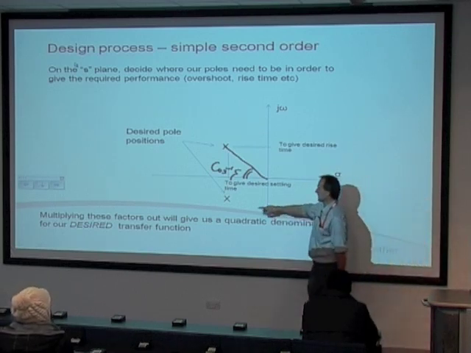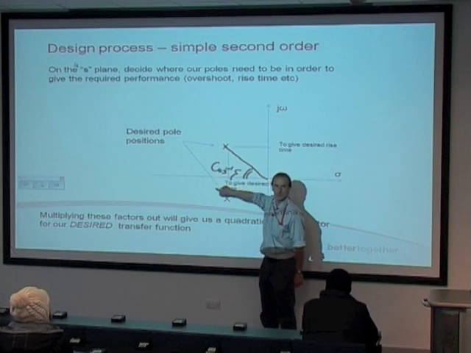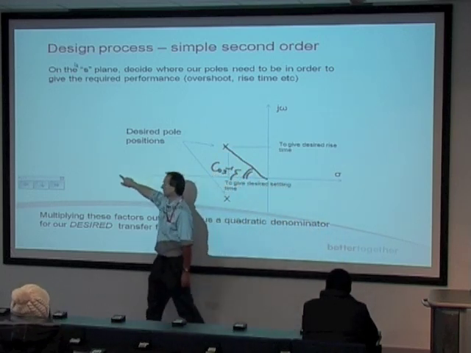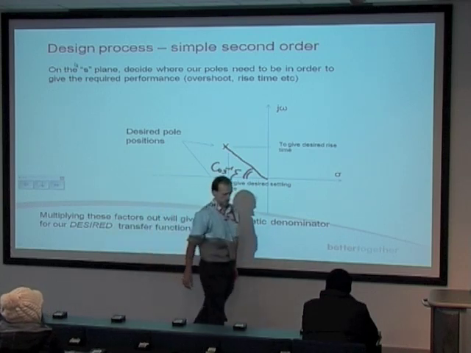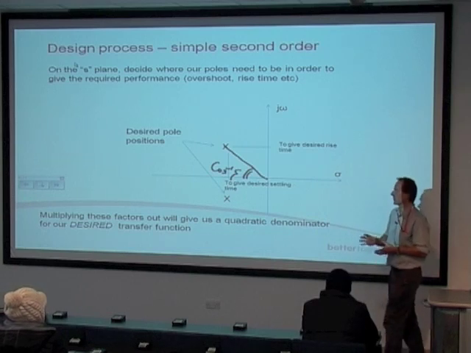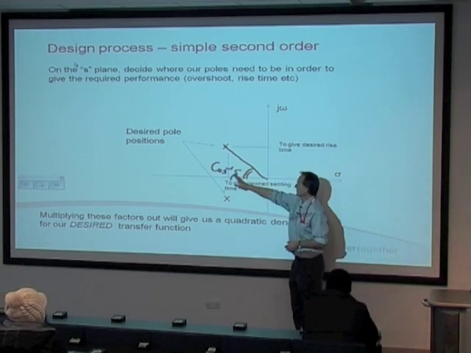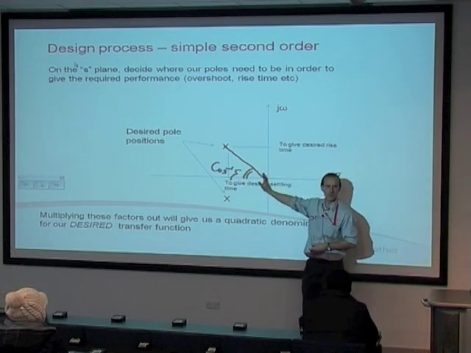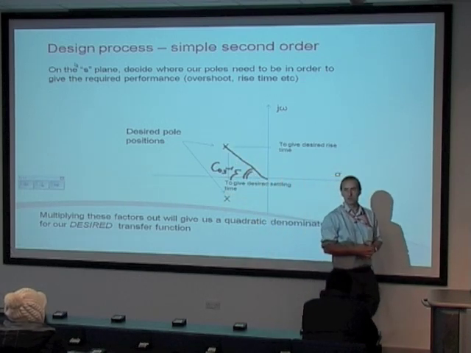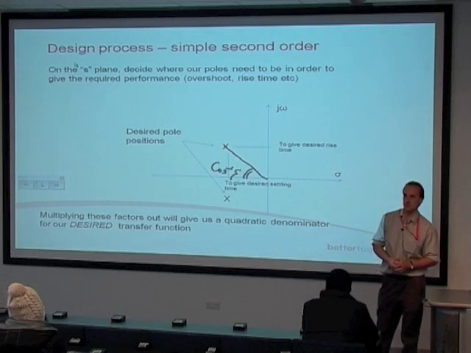Okay, so if I design this as if it was second order and introduce another pole over here, or over here, way over to the left, what we're doing is we're basing the design around the poles that are closest on the real axis to the origin. In other words, we're basing the design about the dominant poles.